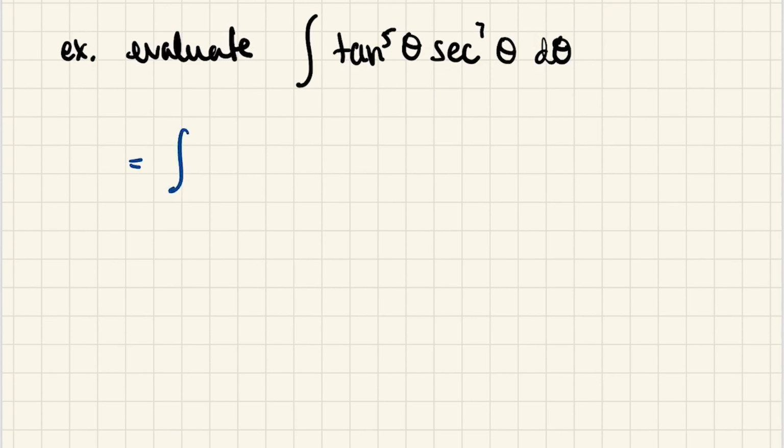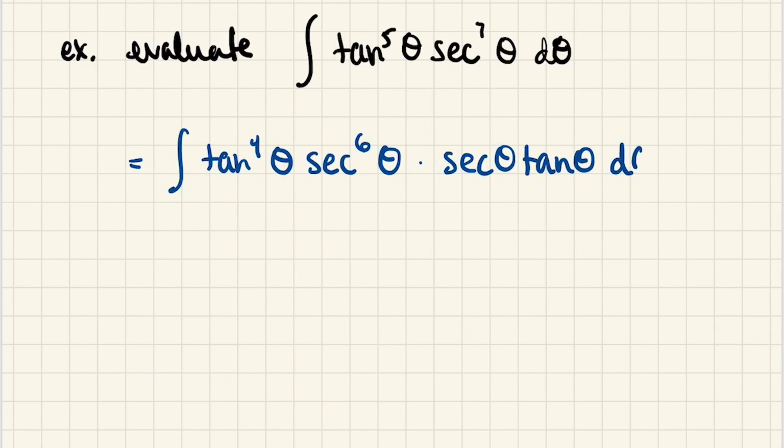So let's rewrite this as tangent to the 4th theta, secant to the 6th theta, multiplied by secant tangent d theta. So this is our reserved for du part, which means our intention is to let u equal secant of theta, so that du is secant times tangent.